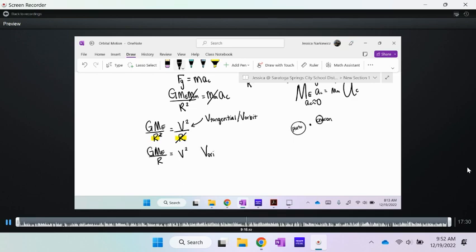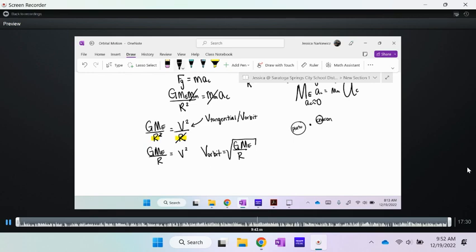So if I want to find the orbital speed, you would do the square root of big G, mass of the Earth, over r. And I could figure out how fast the moon is moving in its orbit. If the velocity of the orbit changes, then my r has to change because this G and this M are constant.